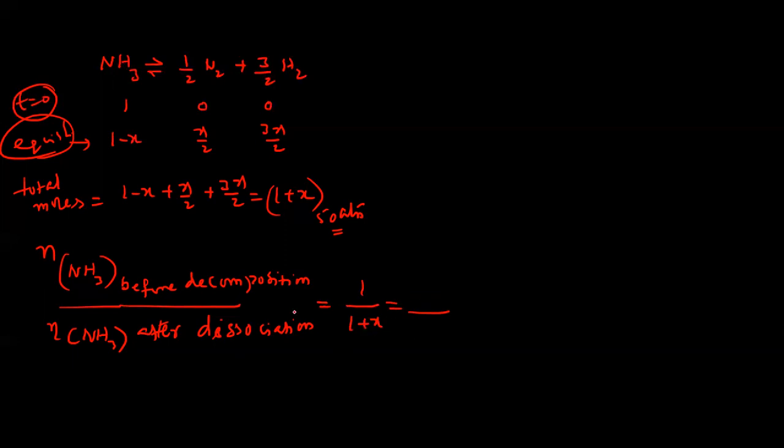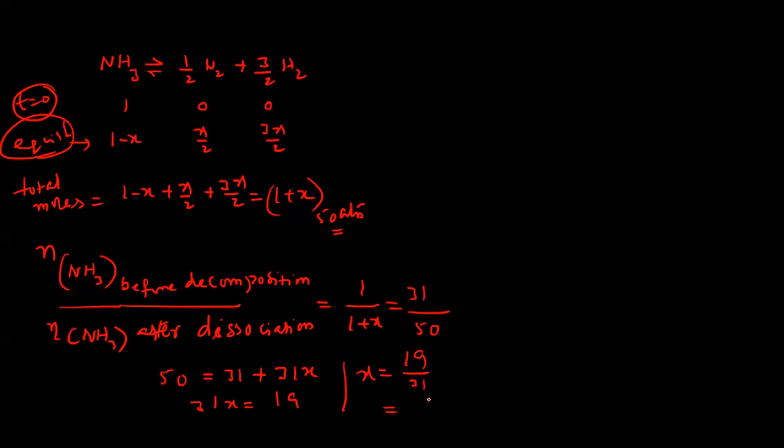So 1 by 1 plus x is equal to 31 by 50. In this juncture, we have cross multiplication: 50 is equal to 31 plus 31x. So 31x is equal to 19 and x is equal to 19 by 31.